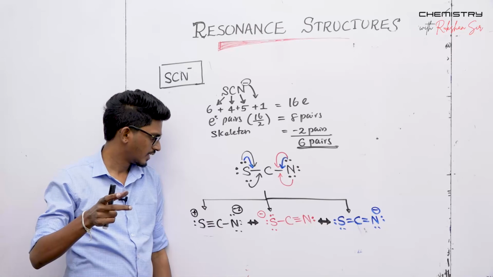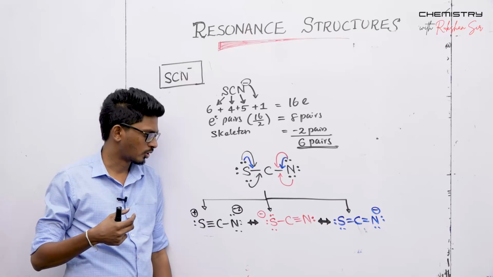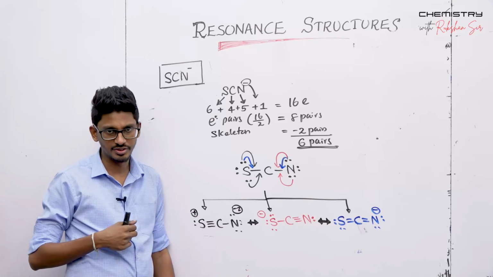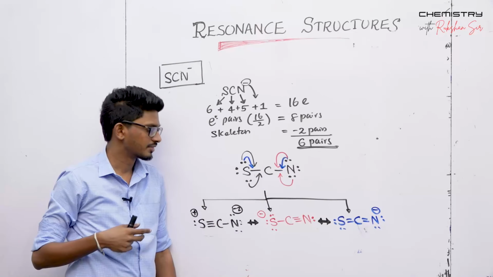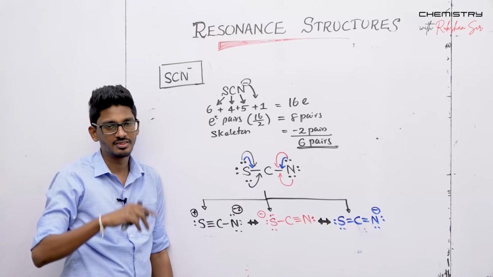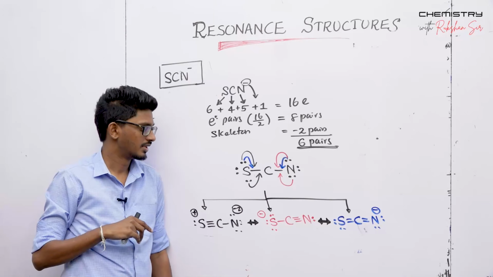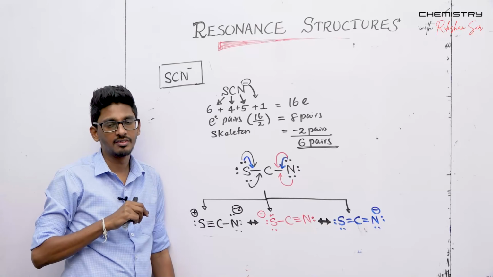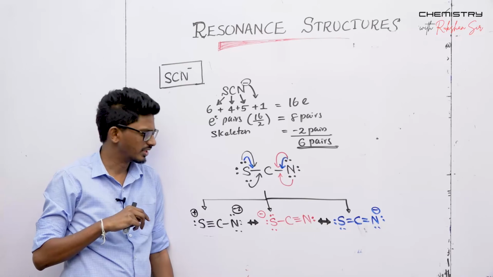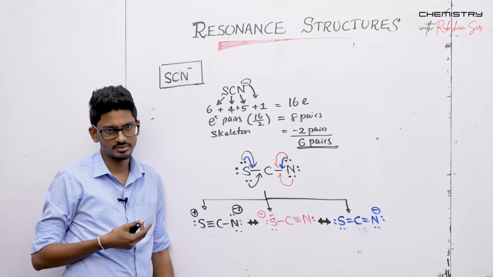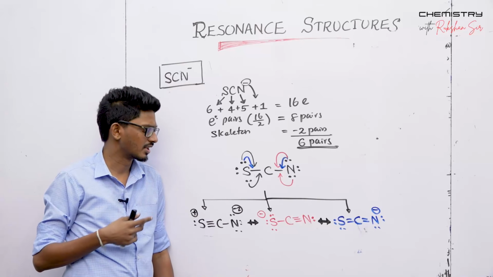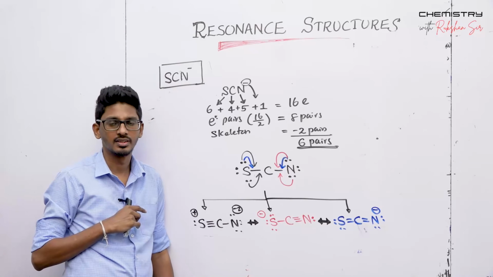Positive charge on the most electronegative atom? No, the most electronegative atom of this system is nitrogen. Nitrogen is not bearing any positive charge in any of the structures. So that point is gone, not there. The second point, adjacently connected atoms are with same sign charges. No, it is also not there. So neither of these structures is unstable. No worries with that.